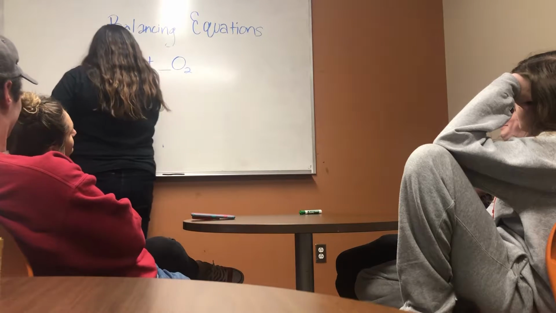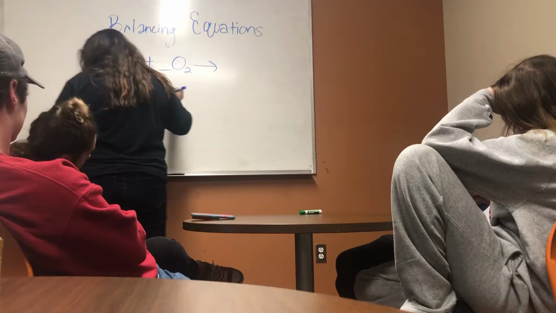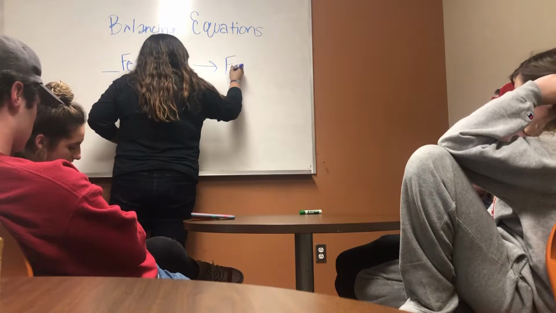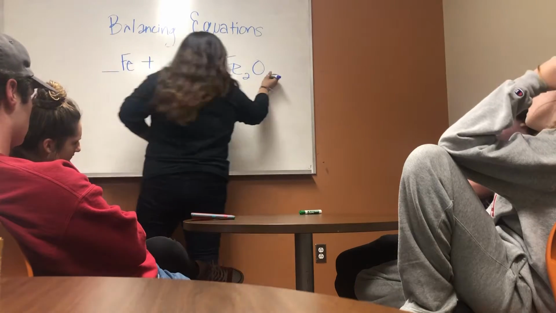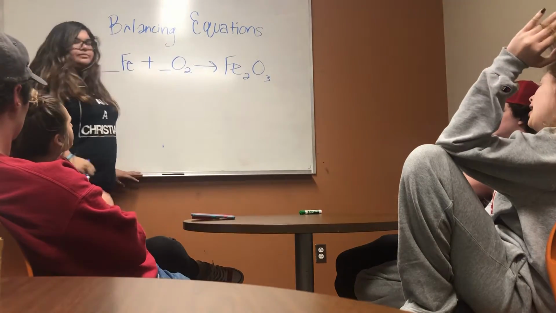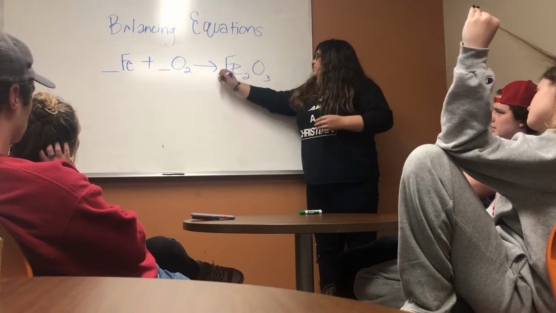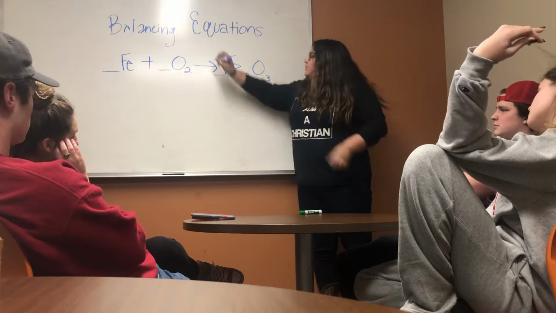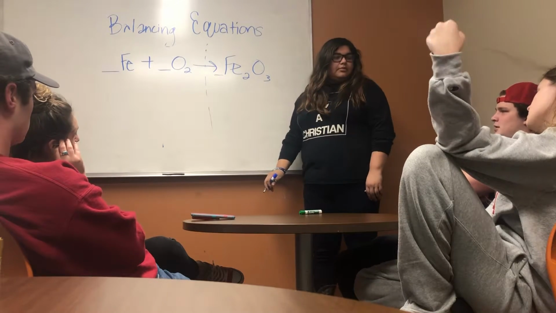So O2 produces Fe2O3. So, what is the first thing we do? Imaginary line. And then what else? Break down our elements.